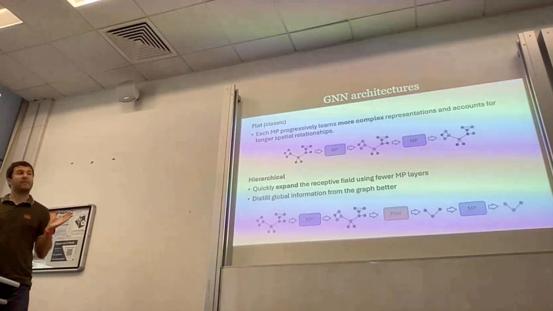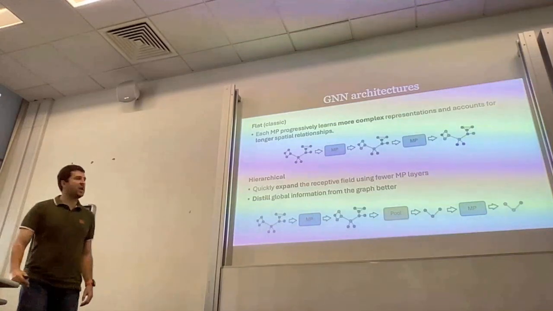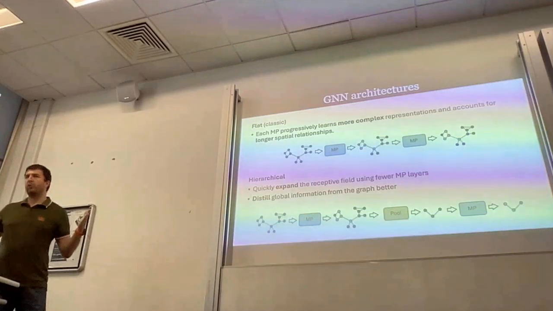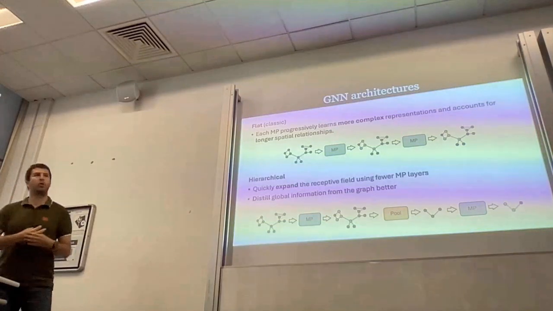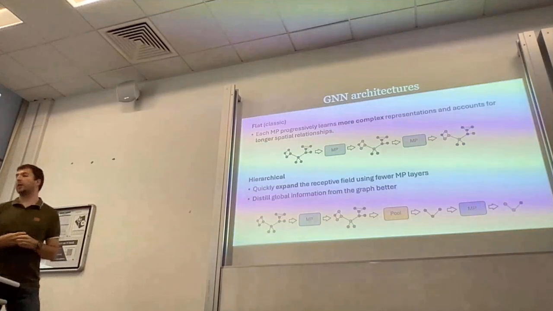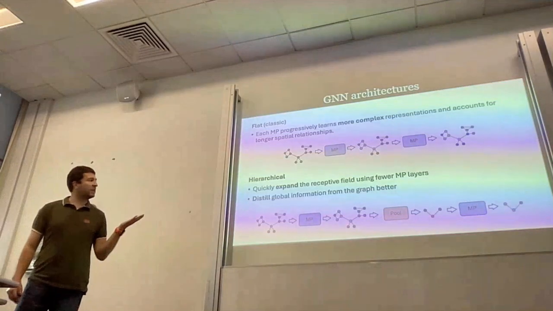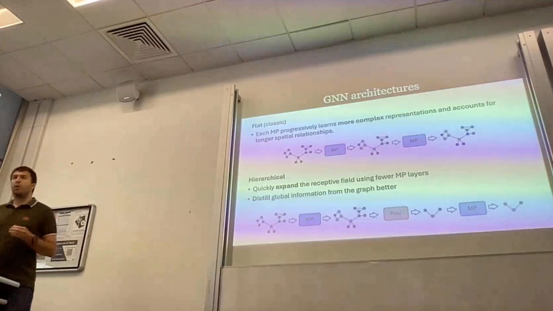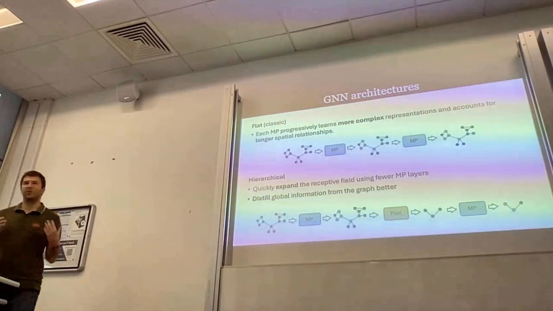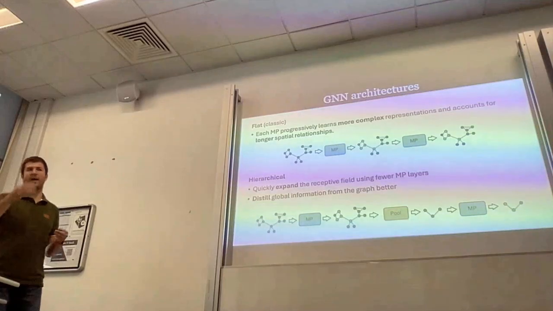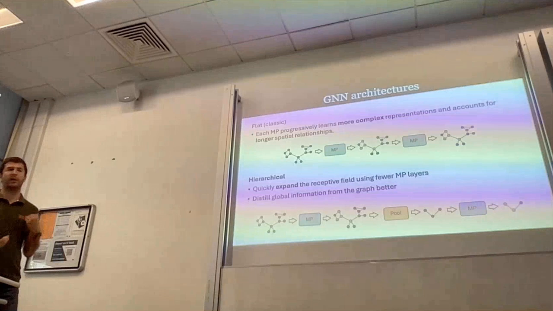That's exactly the same thing that happens in CNNs, in architectures for computer vision. If we don't have pooling, it will be very difficult to give the model a more complete global view of the input image. The second reason is that, thanks to graph pooling, we are able to distill global information from the graph more gently, and to better extract the things we are really interested in.